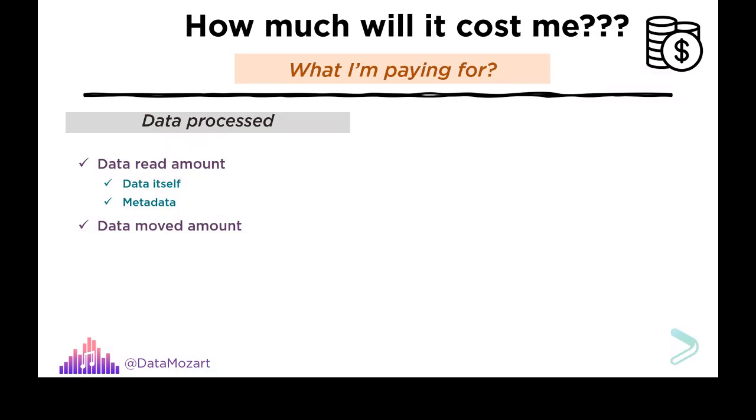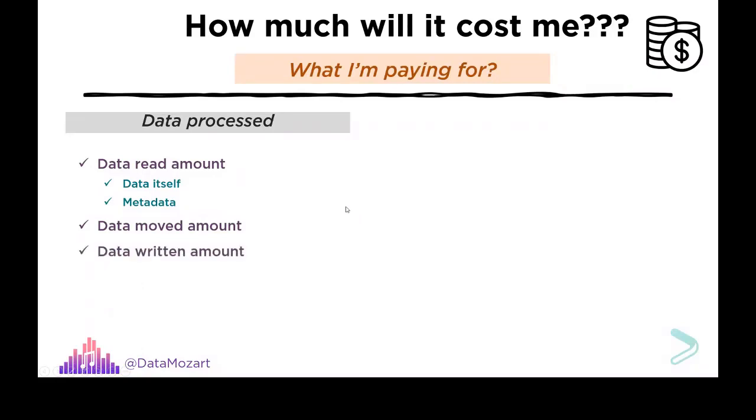And while the query runs, data is transferred between those nodes. This intermediate result is something you should be aware of. Same as the final data transfer, so data transfer to the endpoint in an uncompressed format. In reality, you will spot the difference in this amount of data moved if you run something like select star from a file that contains 50 columns versus the case when you are selecting only a few columns.